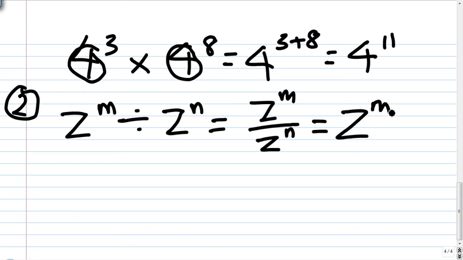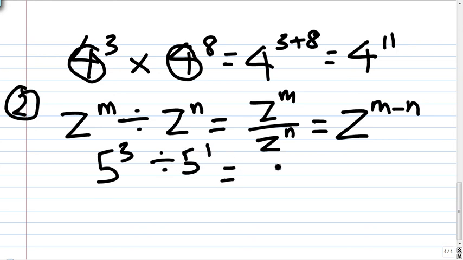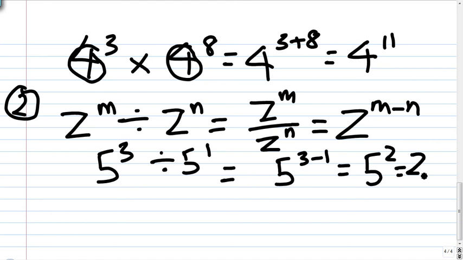When you work it out, you can write it as z to the power m minus n. Example: 5 to the power 3 divided by 5 to the power 1. You can write it as 5 to the power 3 minus 1, which equals 5 squared, which equals 25.